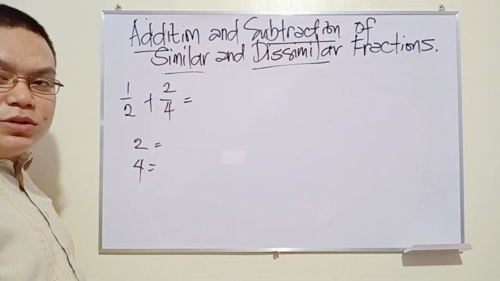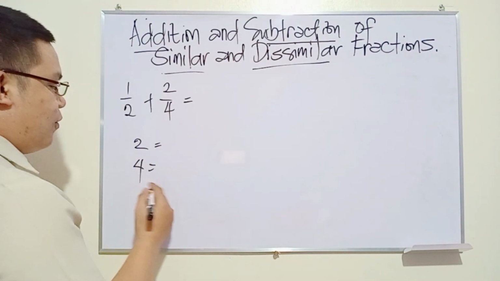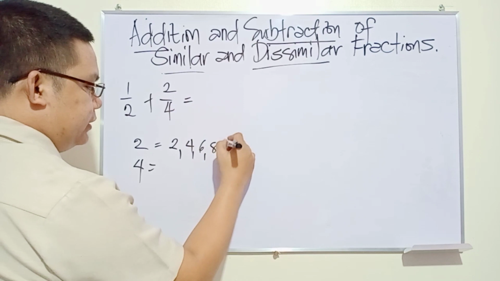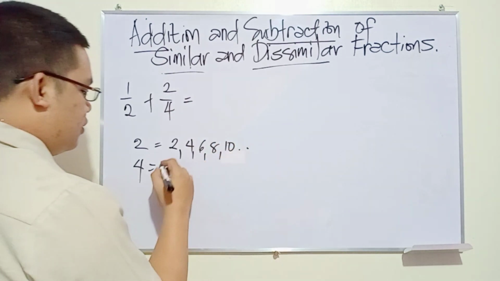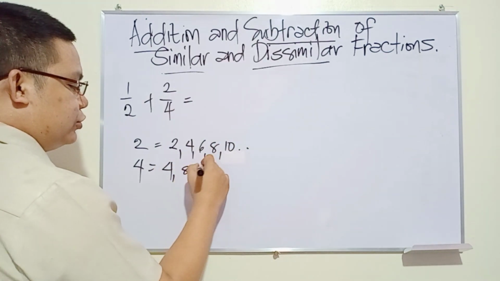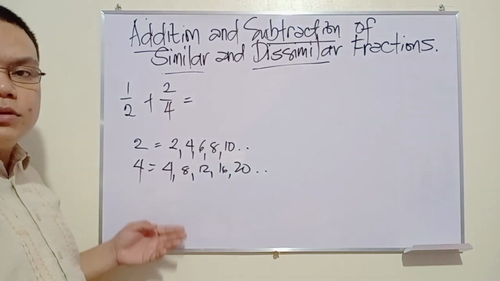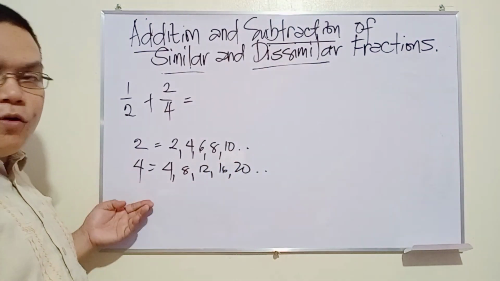What are the multiples of 2 and 4? 2, 4, 6, 8, 10. 4, 8, 12, 16, 20. So these are the multiples of 2 and 4.